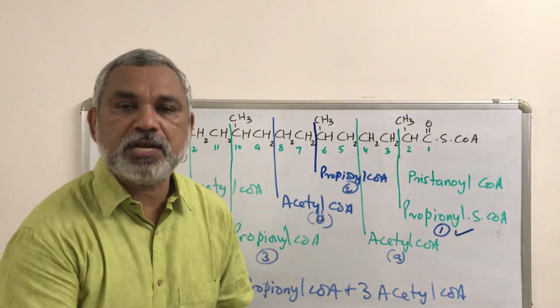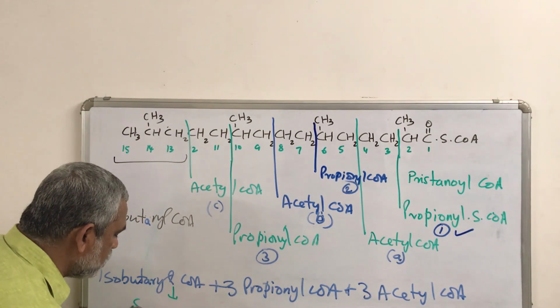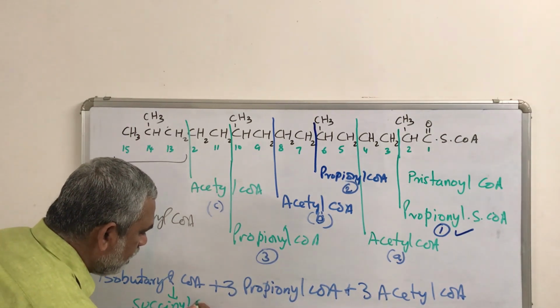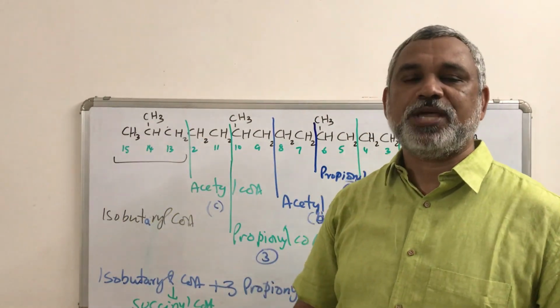This isobutyryl-CoA will enter into the TCA cycle by getting converted into succinyl-CoA, and that is how the complete degradation of isobutyryl-CoA will occur.